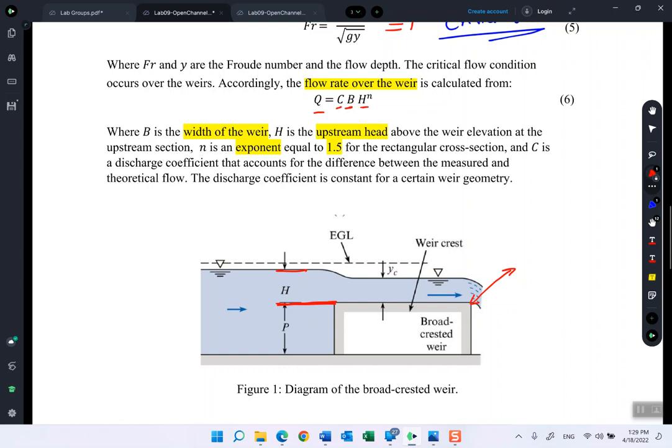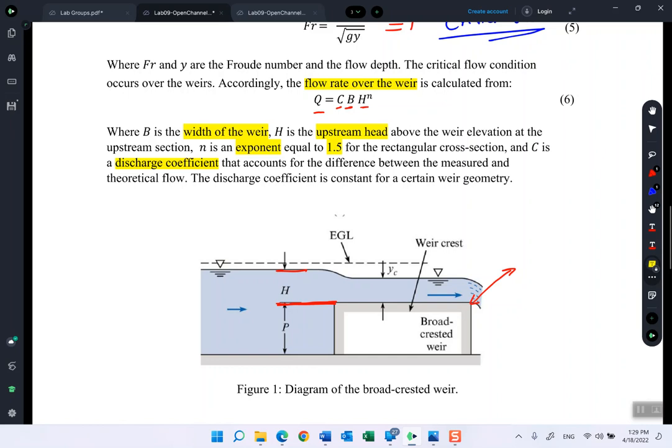So it's the same thing. C is called the discharge coefficient that accounts for the difference between the measured and the theoretical flow. And what is good about weirs is that if you determine the discharge coefficient for the weir, it will stay the same even if you use it to measure the flow in a different channel.